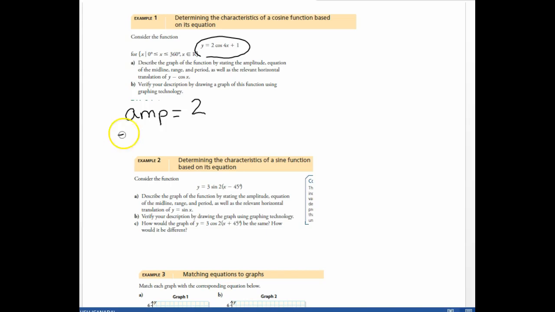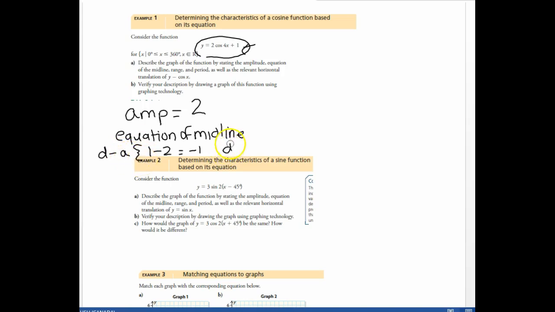The equation of the midline. So they were saying if you take d and you subtract whatever a is, and it's d plus a, that'll give our maximum and minimum points. So d is what? 1? So if we go d minus our amp, you get minus 1. This is d minus a.